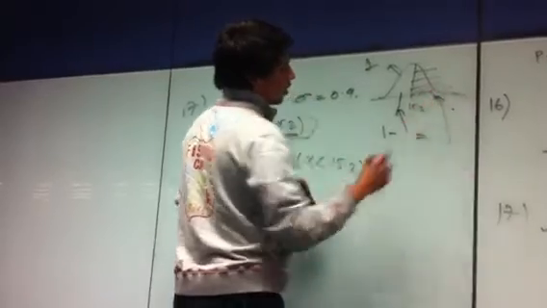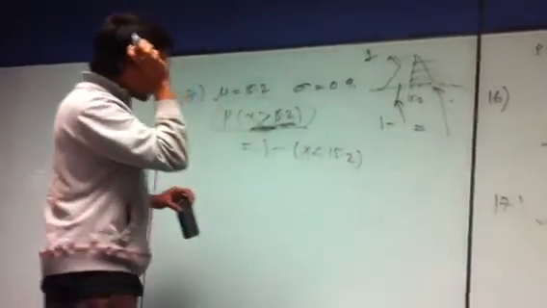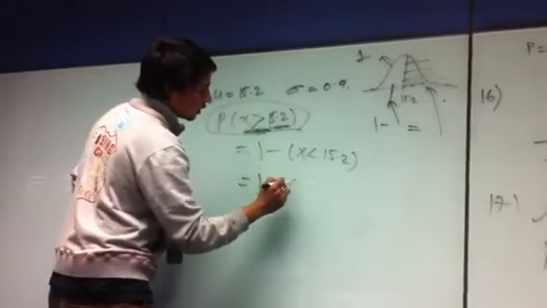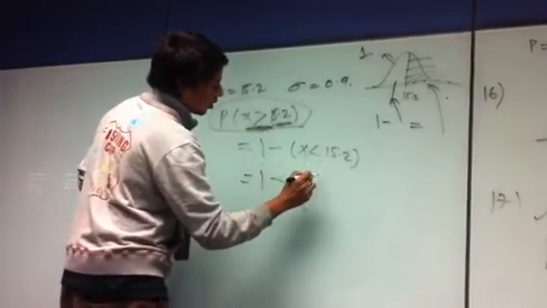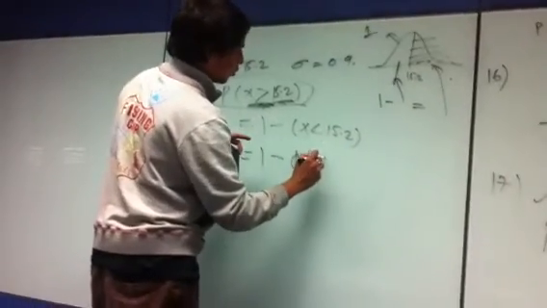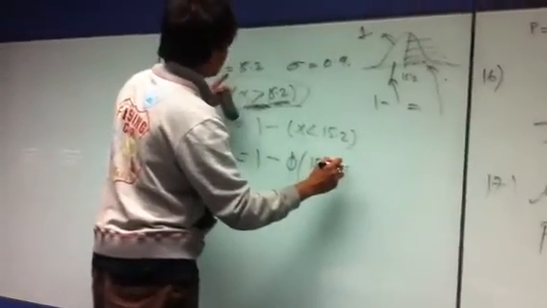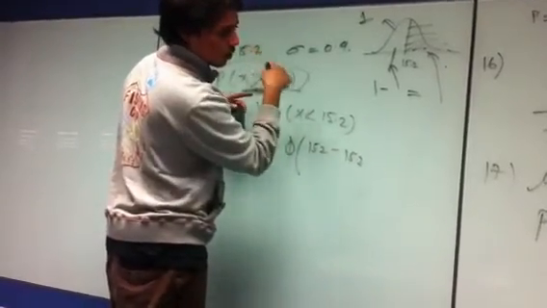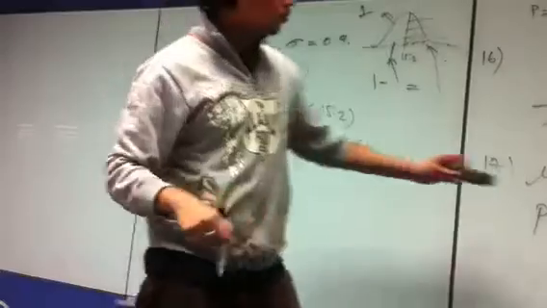So it's going to be 15.2. No. This is 1 minus, you have to find the z-score. Z-score is what? X minus mu. So x is 15.2 and mu is 15.2. Are these both 15.2?